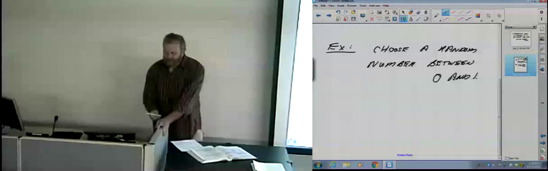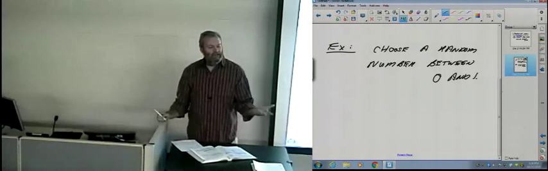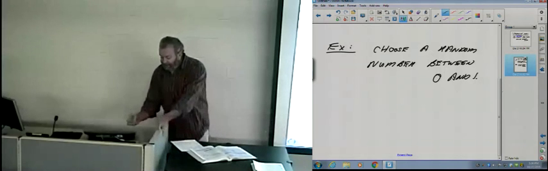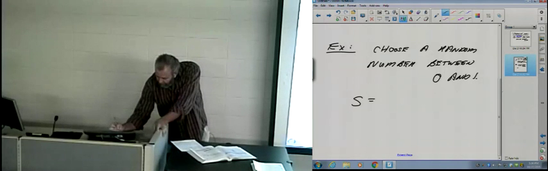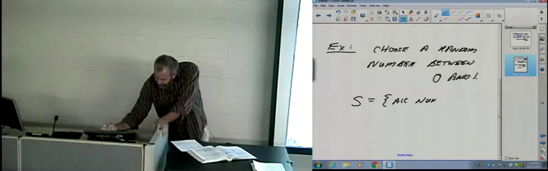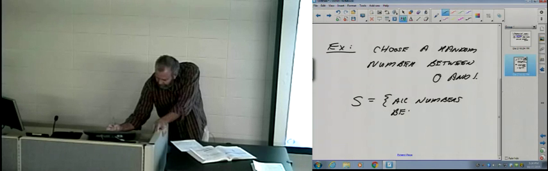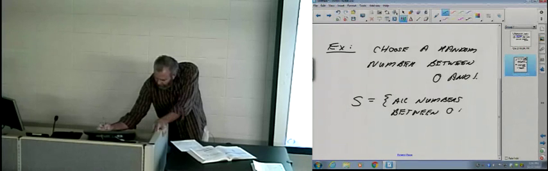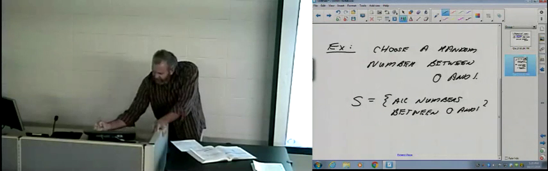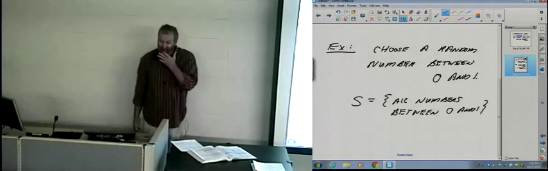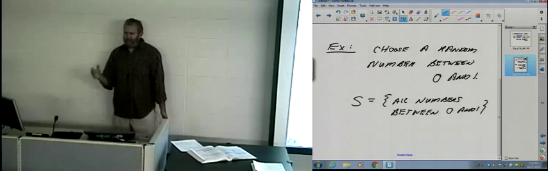When I think about generating a random number between 0 and 1, the sample space here is all numbers between 0 and 1. That's the best I can do. Last Thursday, every time I wrote down the sample space, I just wrote it down for you.